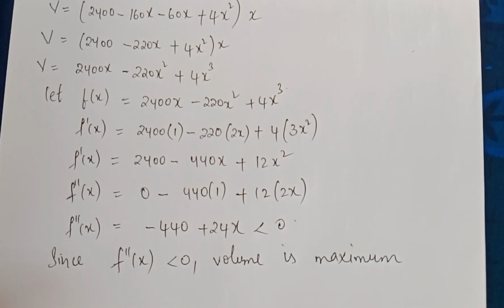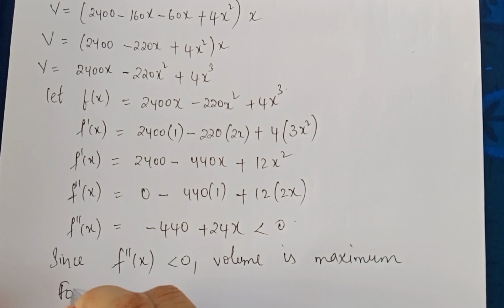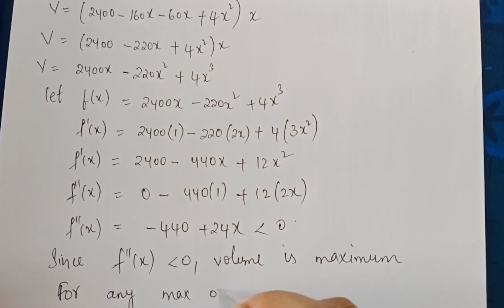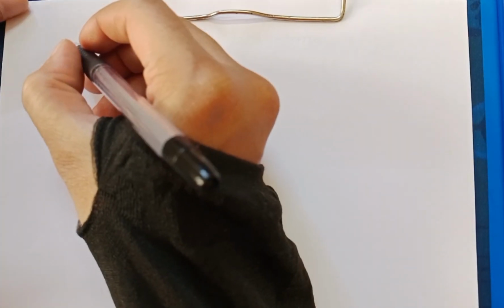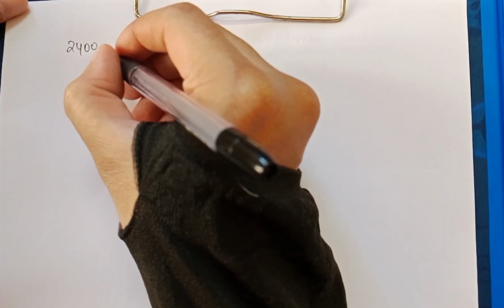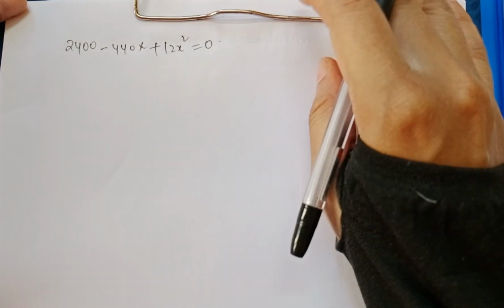Now we will write for any maxima or minima. We know that for any maxima or minima of a function, f dash of x is equal to 0. So our f dash function is 2400 minus 440x plus 12x square equals 0.